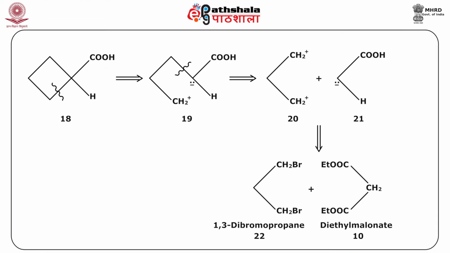Retrosynthetic analysis of the cyclobutane carboxylic acid 18 is given in the figures. The disconnection of one carbon-carbon bond of the cyclobutane adjacent to the carbon attached to the carboxylic group gives the synthon 19, which further gets cleaved through another carbon-carbon bond to give the two synthons 20 and 21.